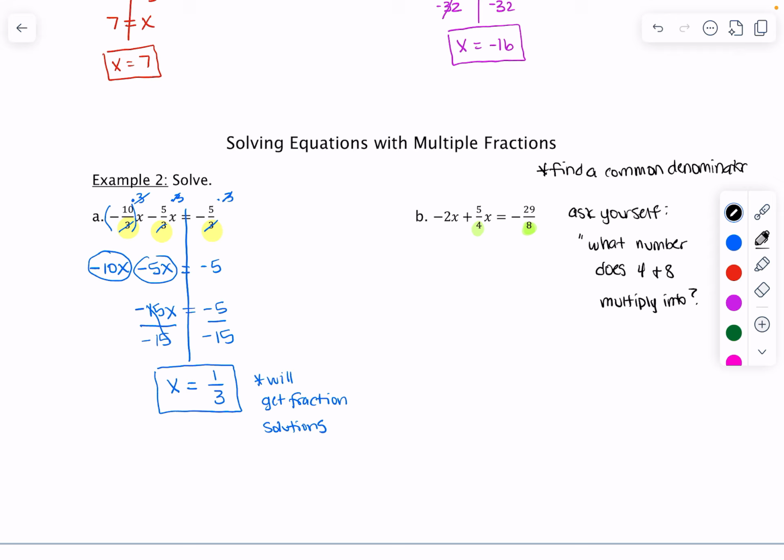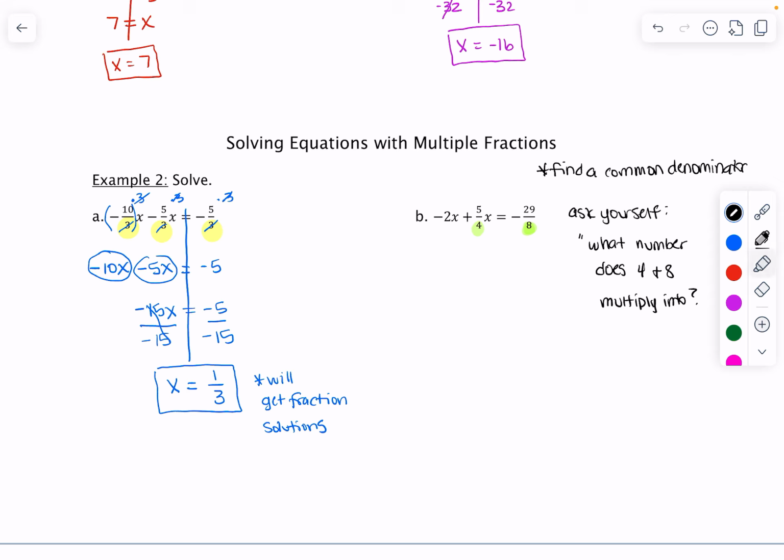When I'm looking at the number 4 and 8, I'm asking myself, what number does 4 and 8 both multiply into that's the same? So I'm looking at the number 4. Does 8 go into 4? No, there's nothing times 8 that goes into 4. But does 4 go into 8? Yes, 4 times 2 is 8. So that's my common denominator.